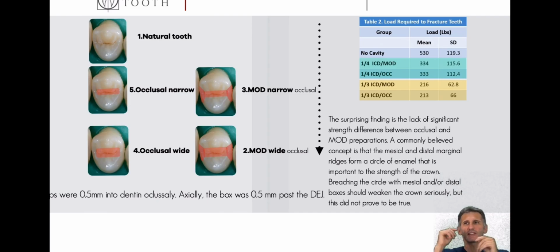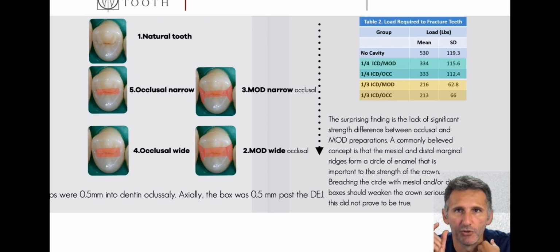And again, also in the other case, we have 216 versus 213, so there is not so much difference between adding or not the slot cavities on the marginal ridges. Instead, the real factor that makes the difference is the width of the occlusal part.